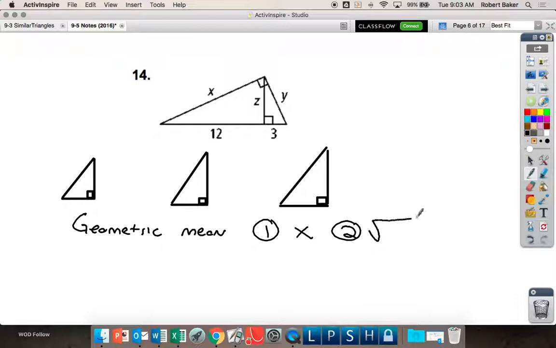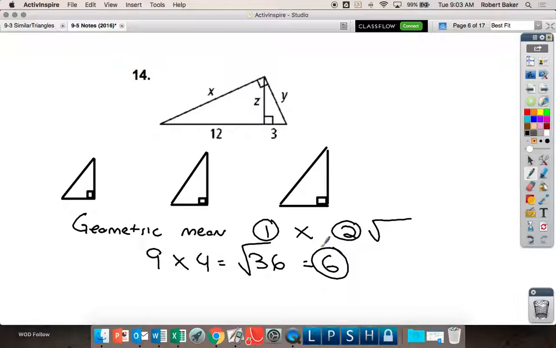Step 2, take a square root. So we have 2 numbers, 9 and 4. Step 1, multiply. Step 2, square root. There's 2 questions like that on your test. Step 1, multiply. Step 2, take the square root. There's 2 of those.